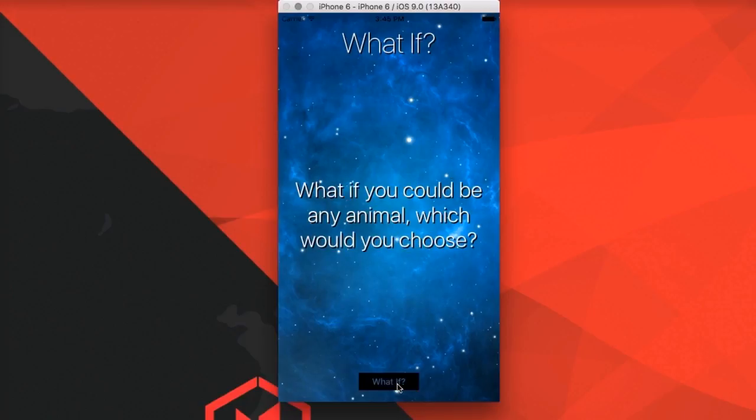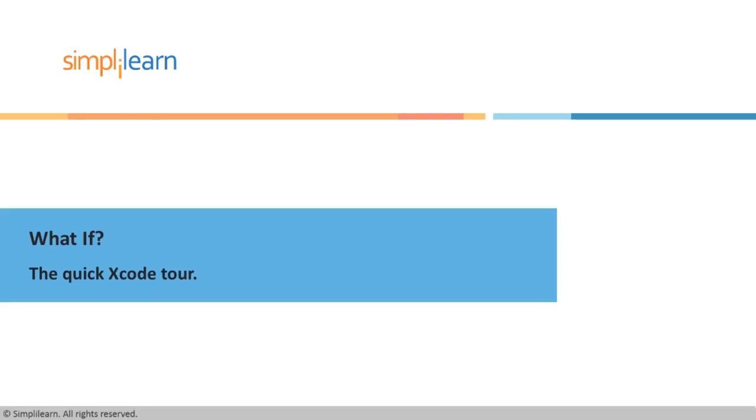But first, I just want to go through Xcode real briefly, just to make sure we're familiar with the areas that we need to be familiar with. And we'll take it from there. So let's get going. Okay, so we're going to start making our What If app, but before we do that, we should familiarize ourselves with Xcode a little bit.